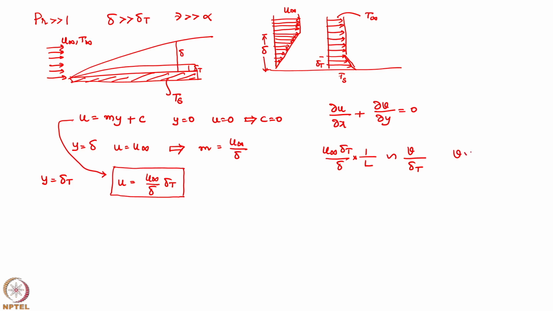So, v is of the order of u infinity delta T by delta into delta T by L. Let us keep this v like that.